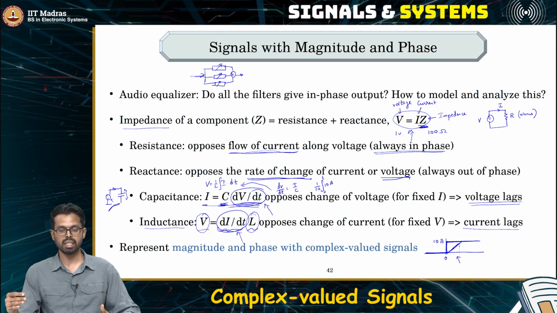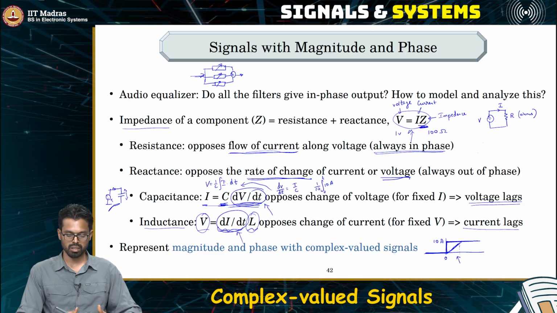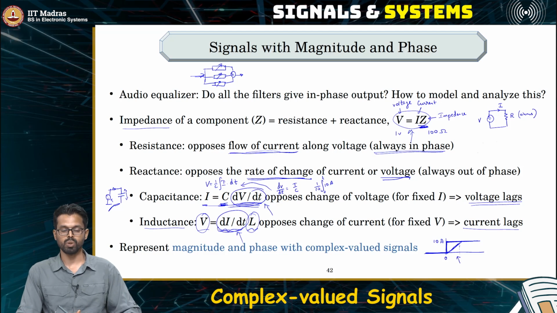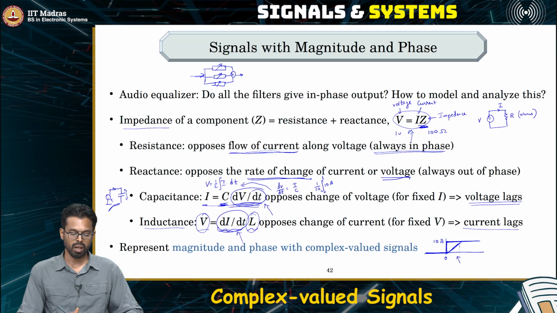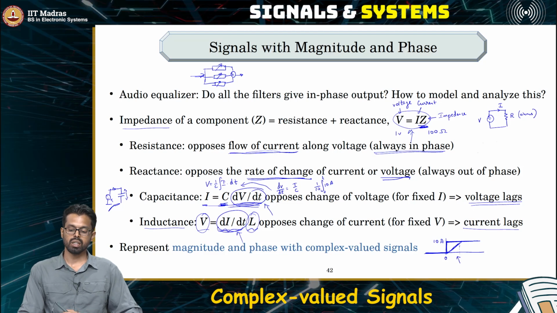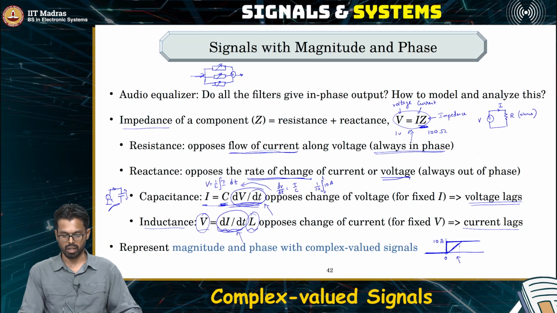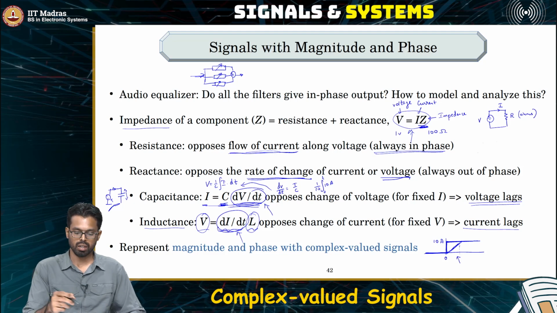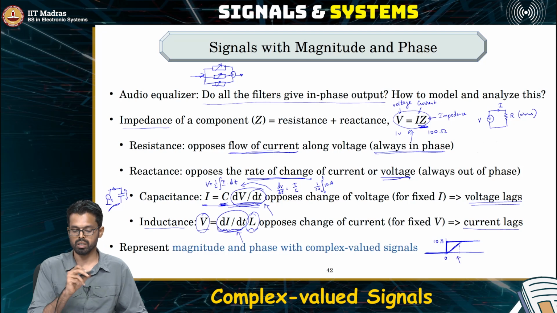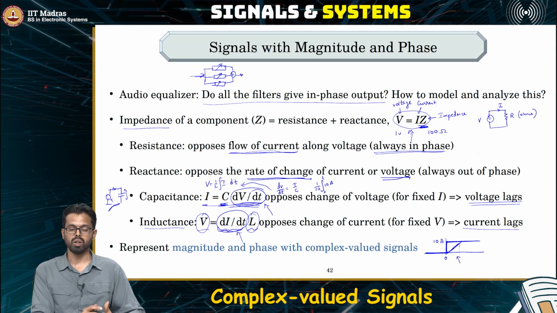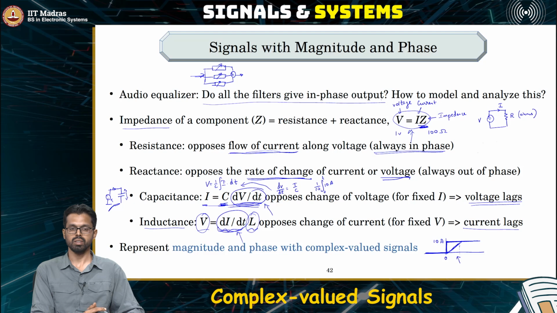So as the frequency increases, the rate of change increases, and you get a corresponding proportional current and or proportional voltage accordingly. So this is also going to introduce a voltage lag or a current lag, which means, coming back to our question, do the filters give an in-phase output? No, because the filters are going to be made with capacitors and inductors.